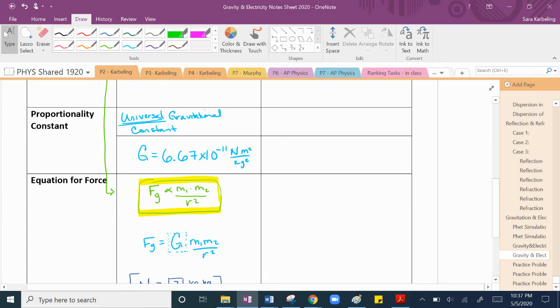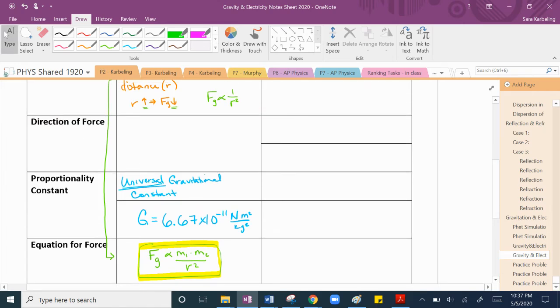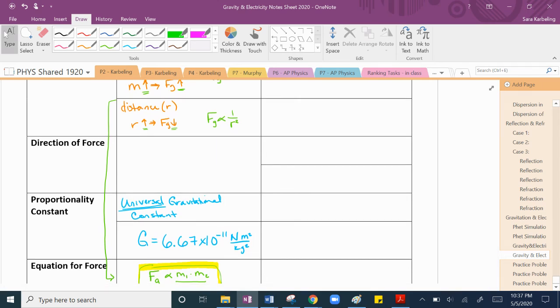All right. The very last thing that we need to do on this side of the chart is to talk about the direction of the force. Hopefully you noticed when you were doing your interaction PhET simulation that those arrows never change directions when you were talking about gravity. In fact, gravity is always an attractive force.